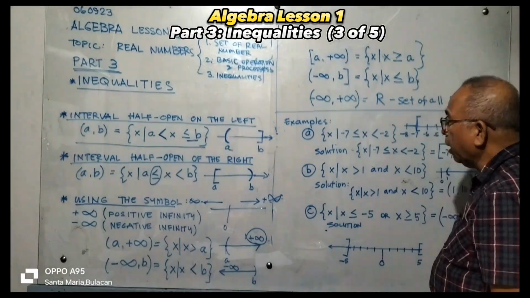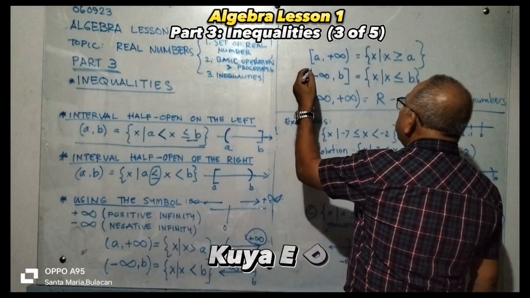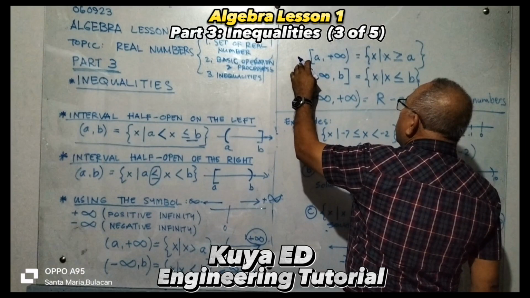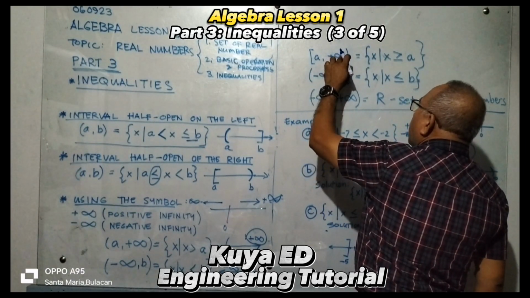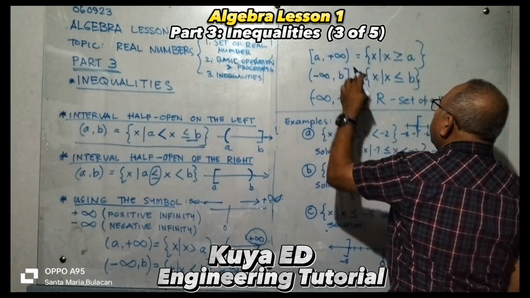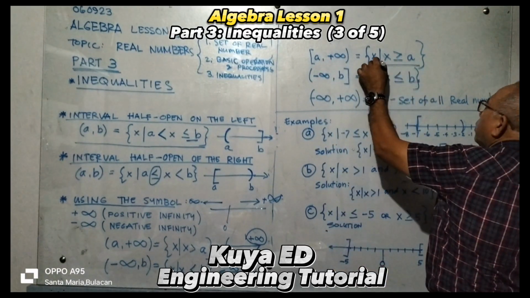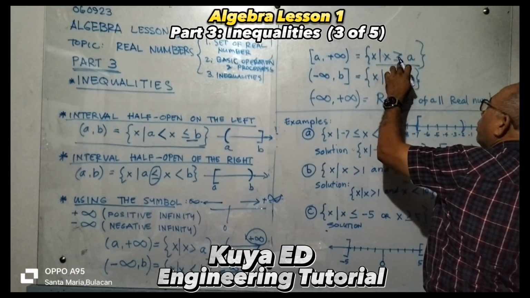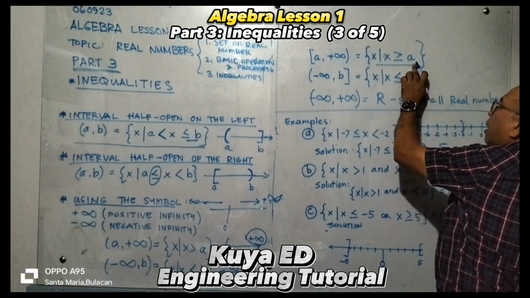So yan na yung magiging diagram natin. Okay. So dito naman, napansin nyo, mayroong bracket at saka parenthesis. So A at saka B plus infinity, this is interpreted by this expression. X such that X is greater or equal to A. Okay? Now why?